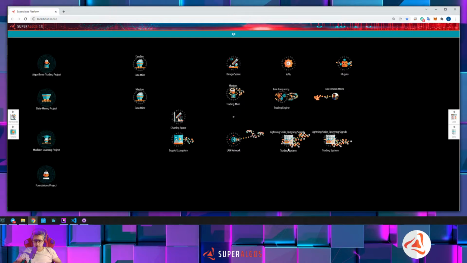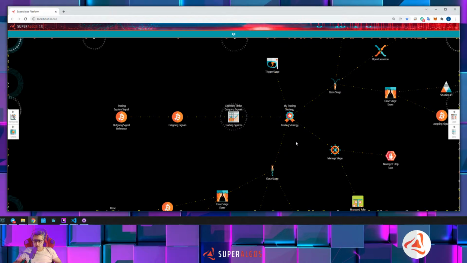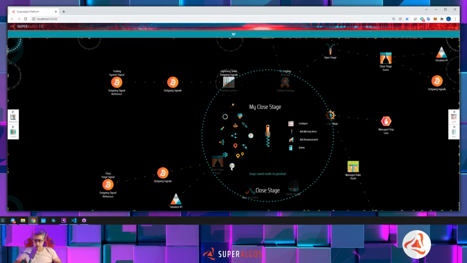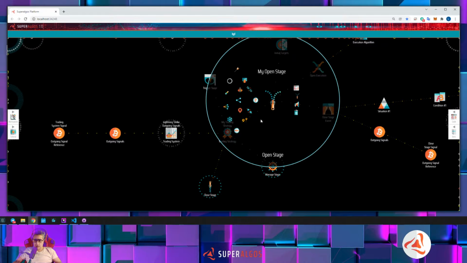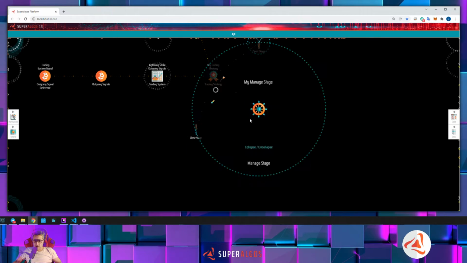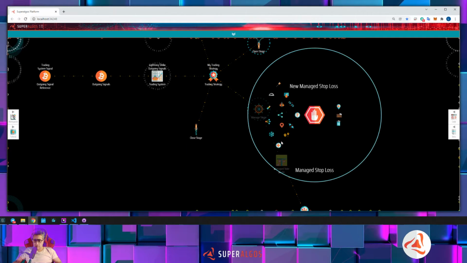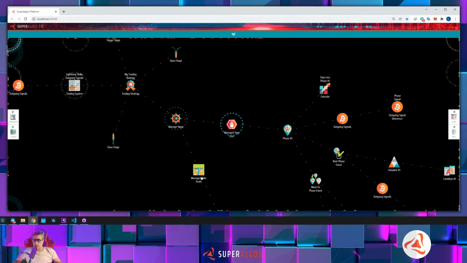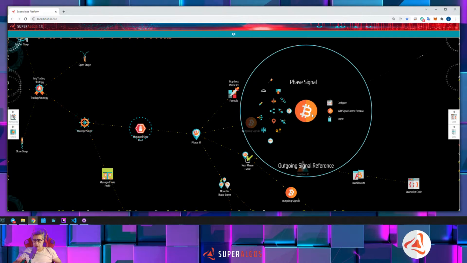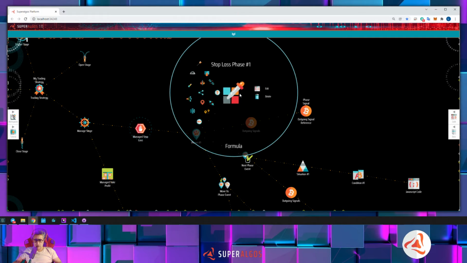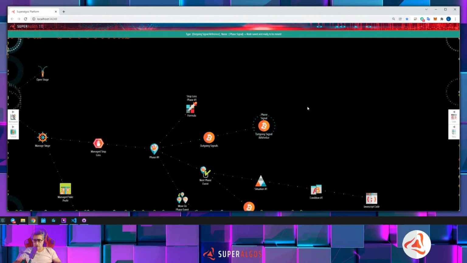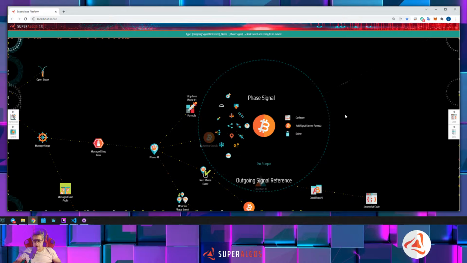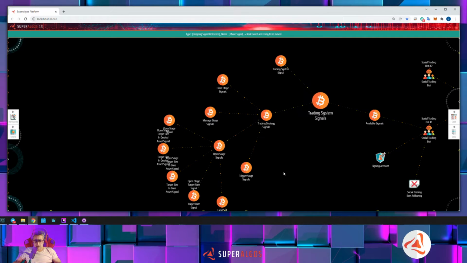Okay, so let's check this guy sending the signals. If the stop loss is correctly placed, manage stop loss, we have a formula and it is connected. So we will check where this is referencing, but it's obviously because it says phase signal. Let's just double check.